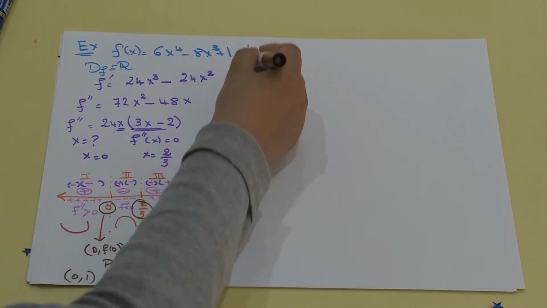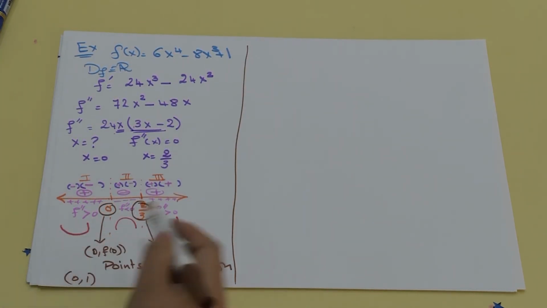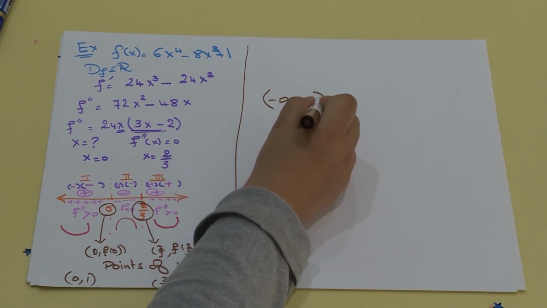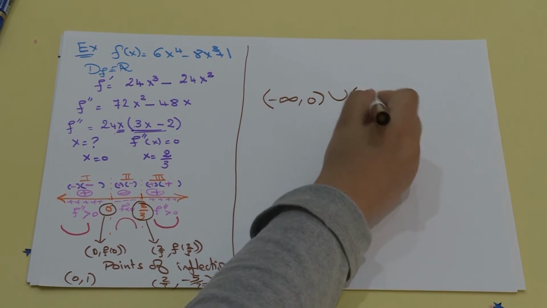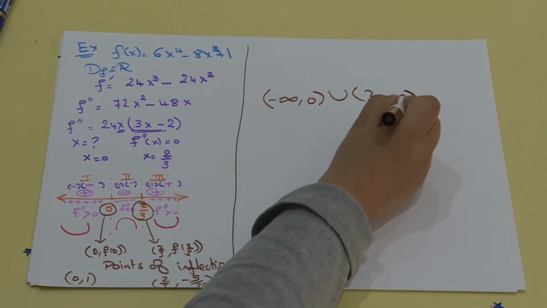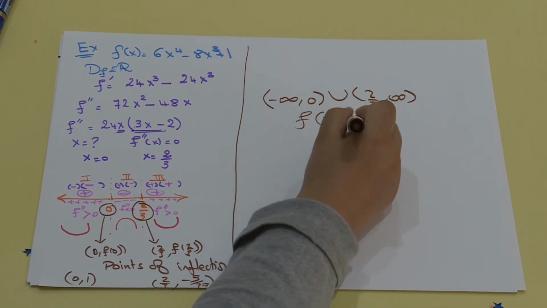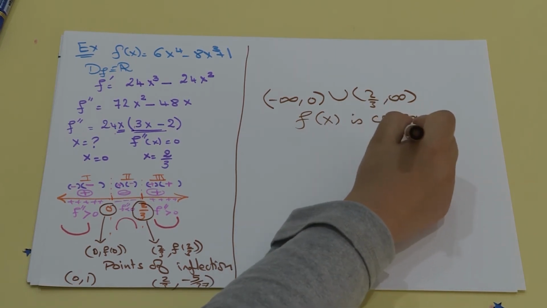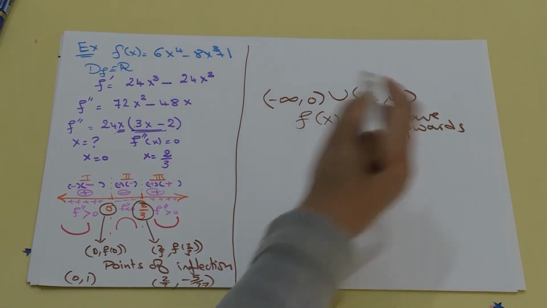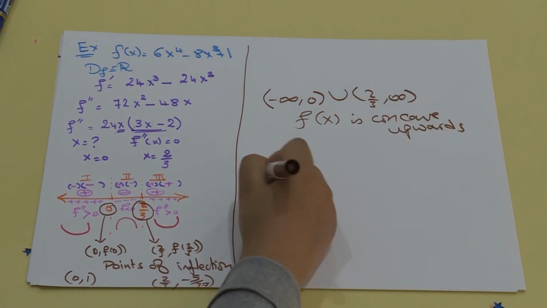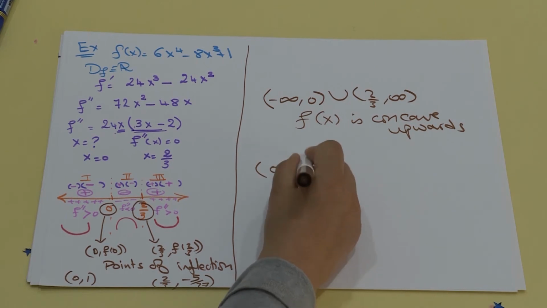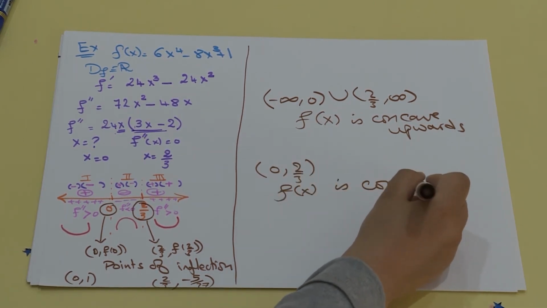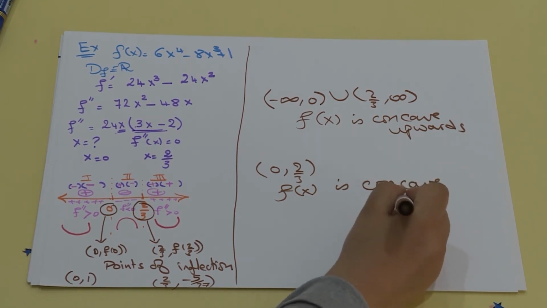You can rewrite what you got here as: from minus infinity to 0, union from 2 over 3 to infinity, f of x is concave up, while on the interval from 0 to 2 over 3, f of x is concave downwards.